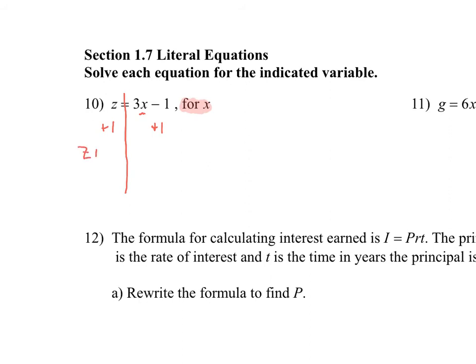So we end up with z plus 1 equals 3x. And the last step to get that x by itself would be to divide by 3. Make sure you divide by everything here. And we get z plus 1 all over 3. Make sure it's all over 3 equals x. And now x is solved for. It's all by itself.